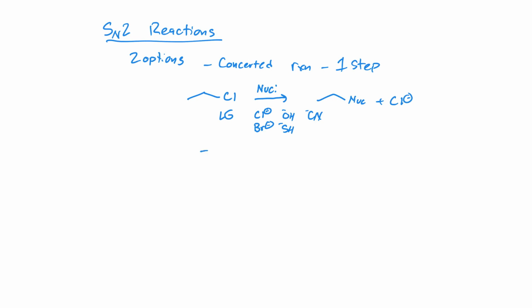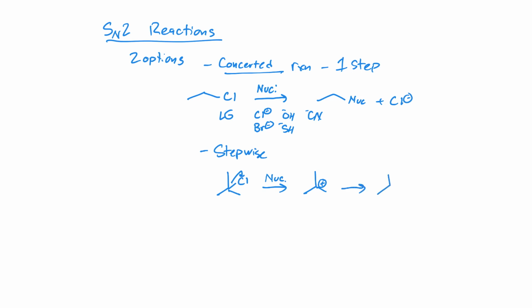So concerted is one option. The other option is a stepwise process, and that typically happens with tertiary alkyl halides or similar. Again, nucleophile, same as what we discussed a minute ago. The first step, though, is simply creating a carbocation by losing that leaving group.